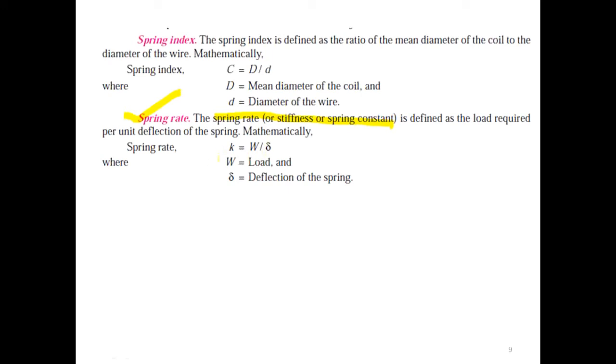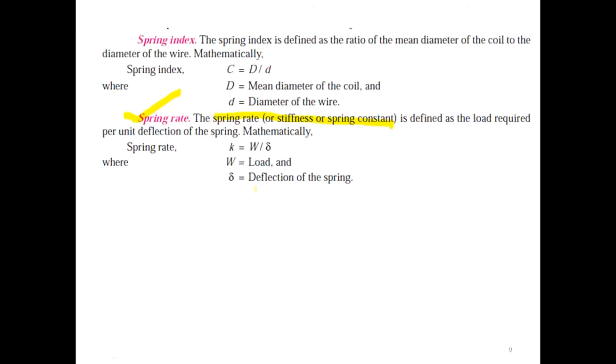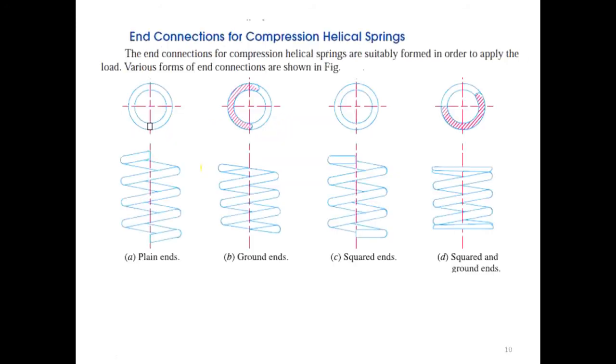So by using the previous equations you can find out the spring rate. Here W is the applied load on the spring, and the deflection is the free length minus the compressed length. So W divided by this deflection is nothing but the spring rate or the spring stiffness.